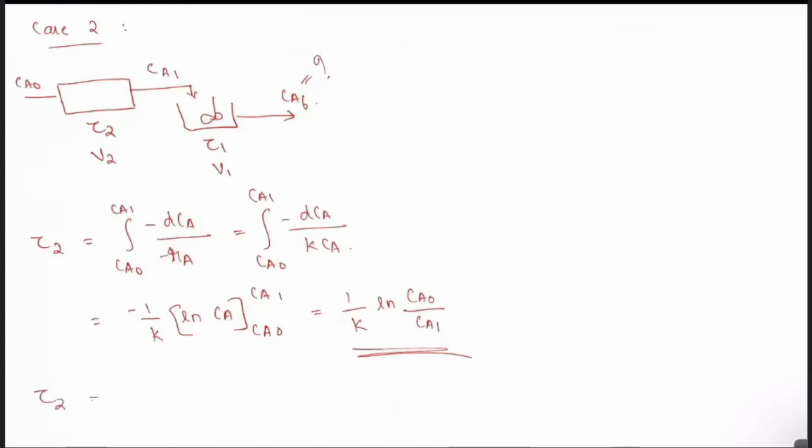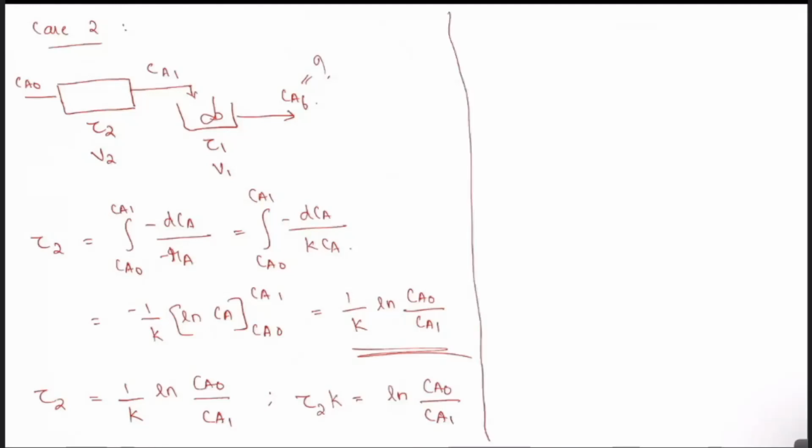So tau 2 is equal to 1 by K ln Ca0 by Ca1. We can rearrange this a bit: tau 2 K will be ln Ca0 by Ca1. If we take the exponentials, it will be e raised to tau 2 K equal to Ca0 by Ca1, and that means Ca1 will be Ca0 into e raised to minus tau 2 K.